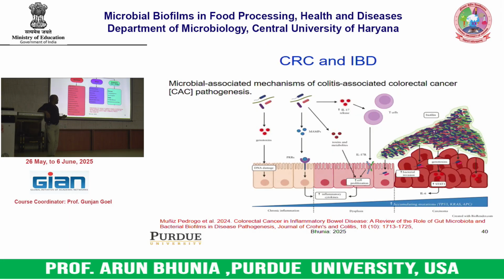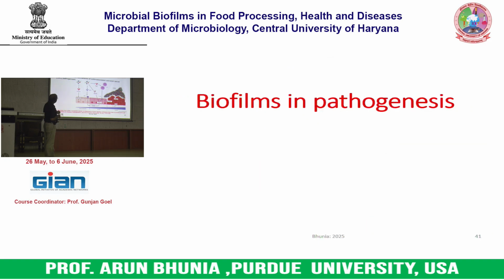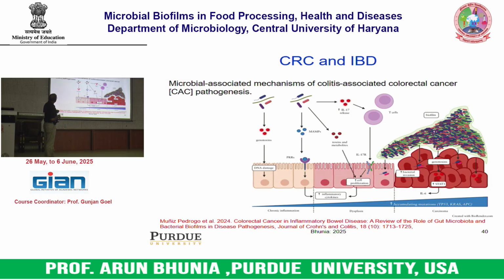Okay. Also the colorectal cancer and inflammatory bowel disease, these are some of those that show how this works together within the gut system. The biofilm and the colorectal cancer are associated. If you have a cancerous condition, right?